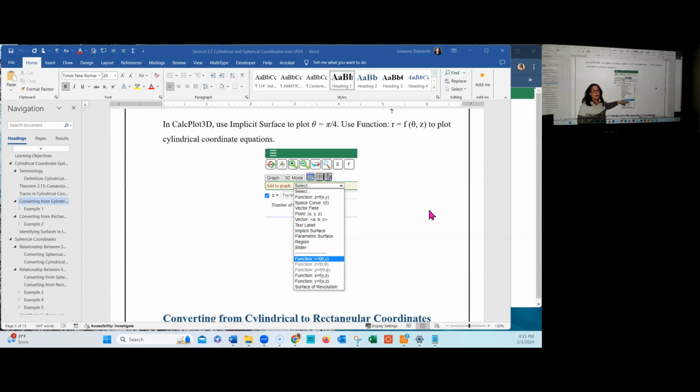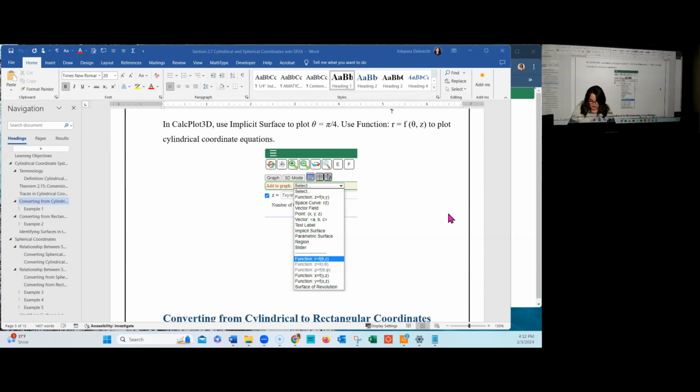And if you want to plot something in terms of theta and z, it's this first function right here. The second two are not active yet, that's why they're grayed out. But you can write r as a function of theta and z. And it's not a big handicap not to be able to use the second two, because we can always use the implicit surface equation to get the equation for any surface in 3 dimensions.